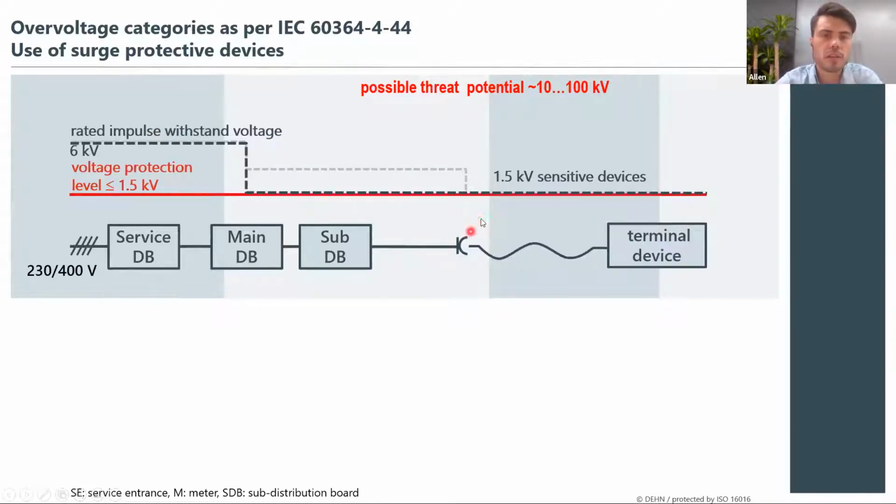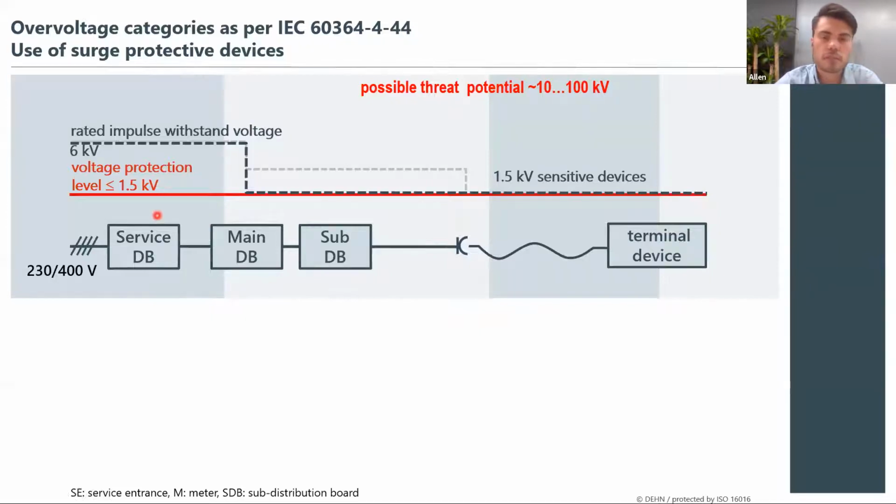So what's important with an SPD is that you need to install an SPD that has a lower voltage protection level than what your equipment is rated for, which means that in a case where there's a fault event or a transient condition, the SPD will actually clamp your voltages at 1.5 kV in this example, which is below your rated withstand voltage, which means that your system is safe.